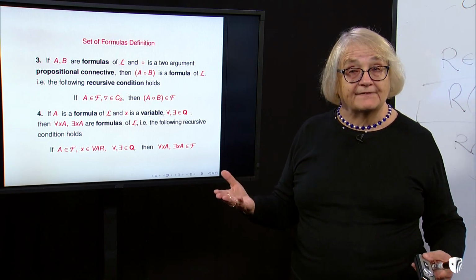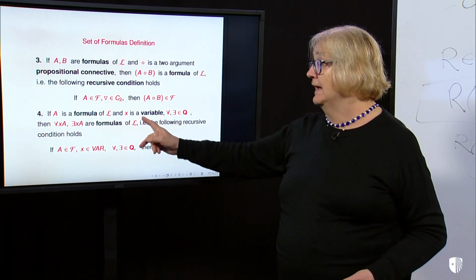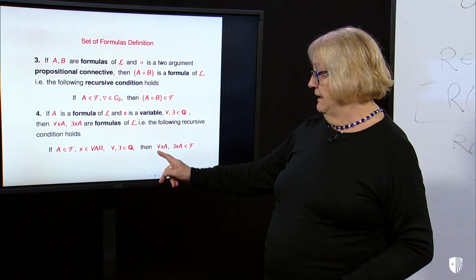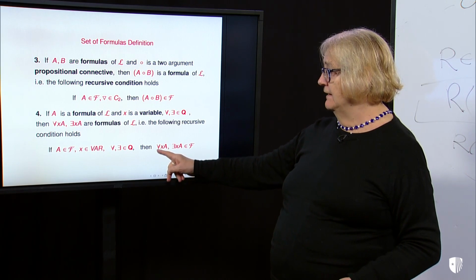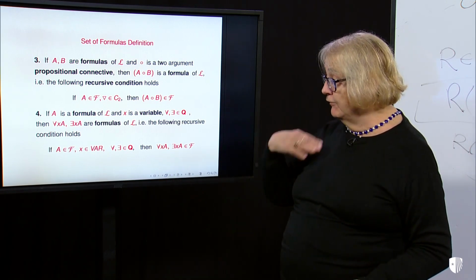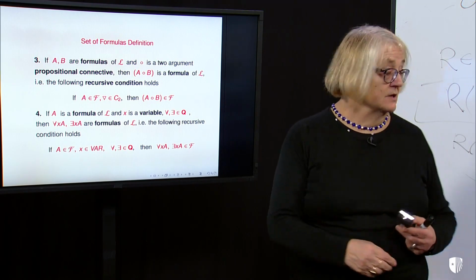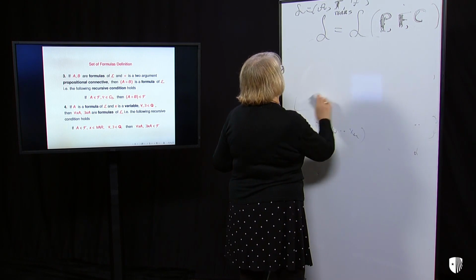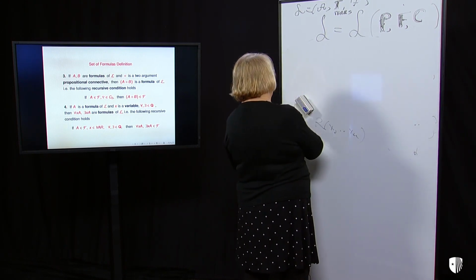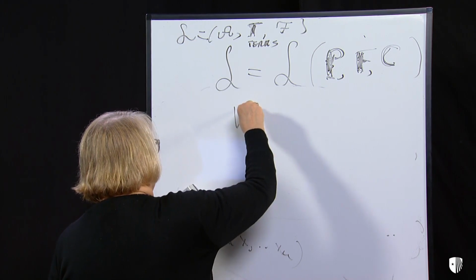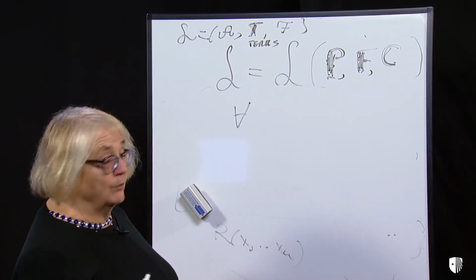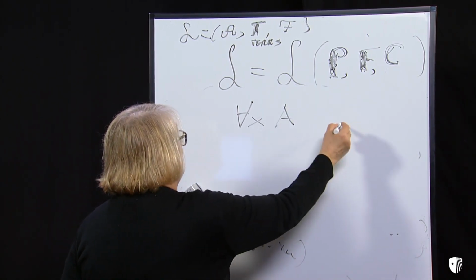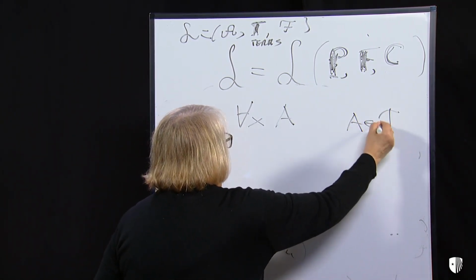And now we also have quantifiers in our alphabet. So if you have a quantifier, and x is any variable and A is a formula, you can put the quantifier for all x in front, and a quantifier in a formula always comes with x. This is our symbol of quantifier, but in the formula you always have to write it with x and A, when A is already a formula.